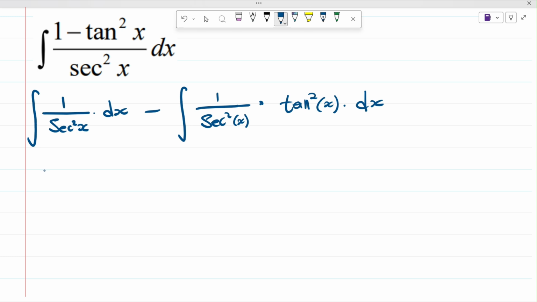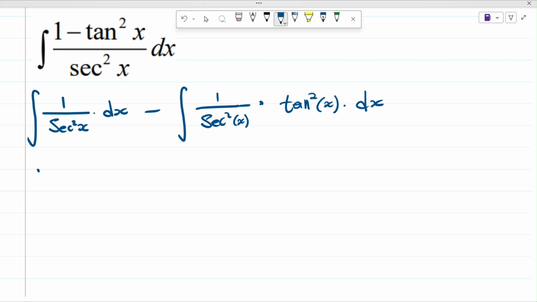So we can say that 1 over tan squared is equivalent to cos squared, right? So 1 over tan squared is equivalent to cos squared. So let's substitute that to its equivalence with regards to the reciprocals.